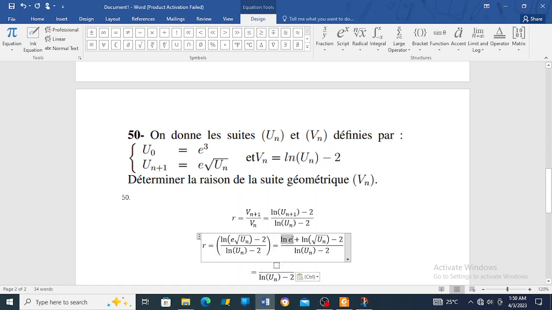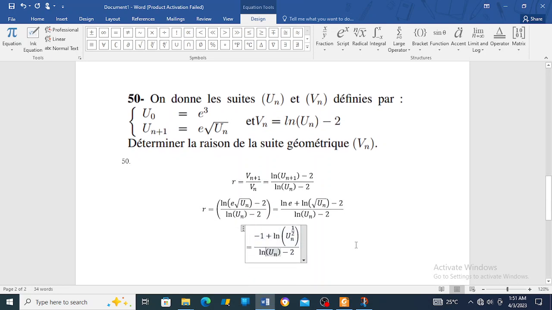The ln of e is 1, minus 2 is negative 1, so we have negative 1 plus the ln of the square root of un, which is the same as un raised to the power half. From the law of logarithms, this half will just multiply the logarithm of the argument.